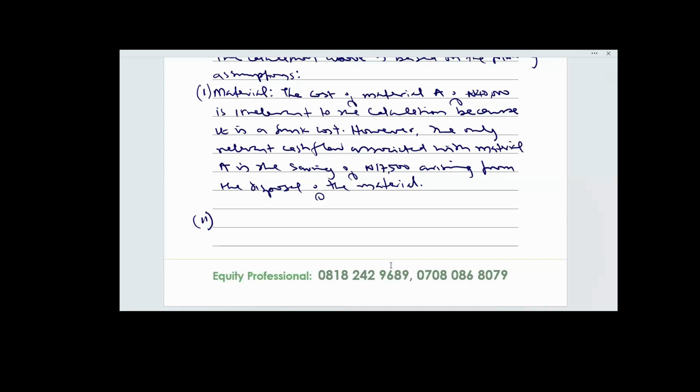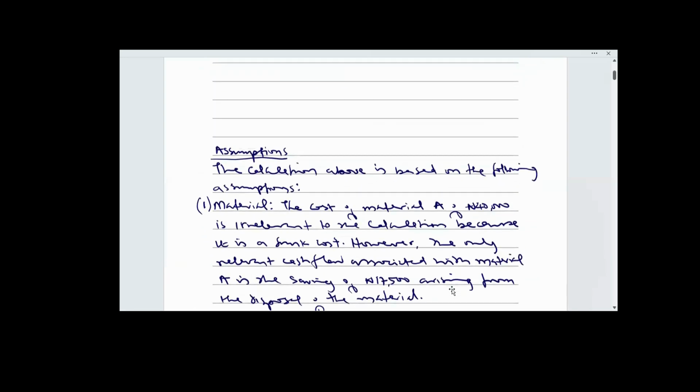That is why the company wants to recruit additional labor to replace them in that place so that they can focus on project X. As a result of the company recruiting additional labor, the company will incur 70,000 naira. If not for project X, the company would not have incurred that 70,000 naira, and that is why the 70,000 naira is relevant.